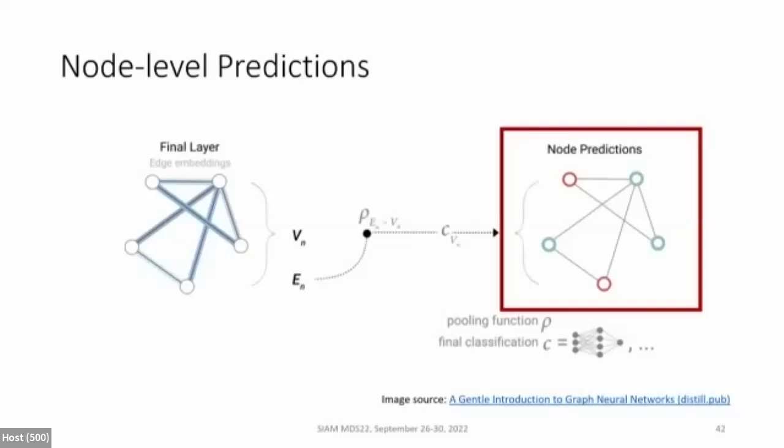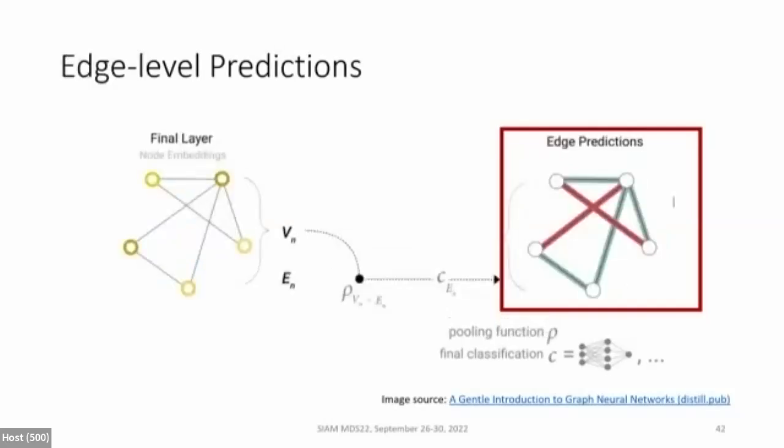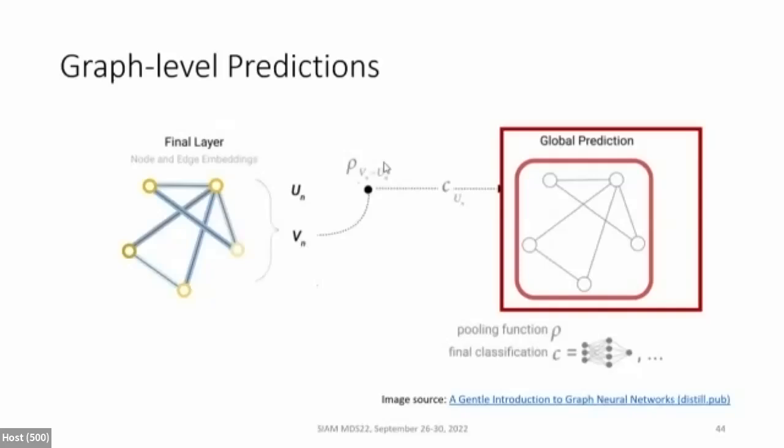For node level predictions, we use all these embeddings and aggregations to classify nodes into two or more groups, or to make edge predictions where we classify the edges, or to classify entire graphs.